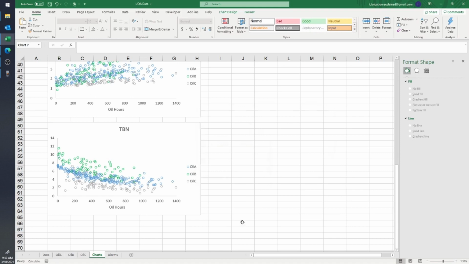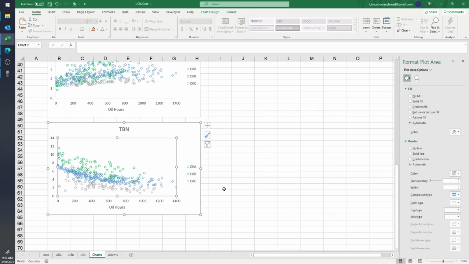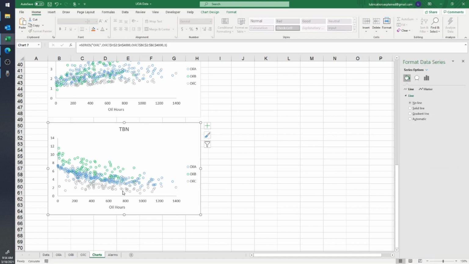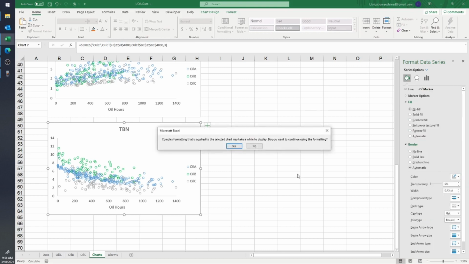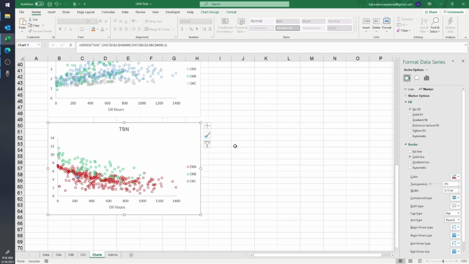All right. So a couple of things that we can determine. First of all, the starting TBN of oil B is much higher than the other two. Oil B, which is the green one. Oil C, which is this one in grey, which keeps turning grey for some reason, and then turns everything grey.